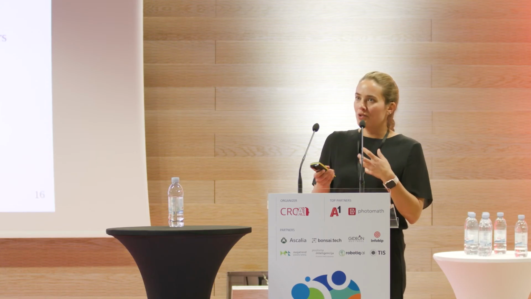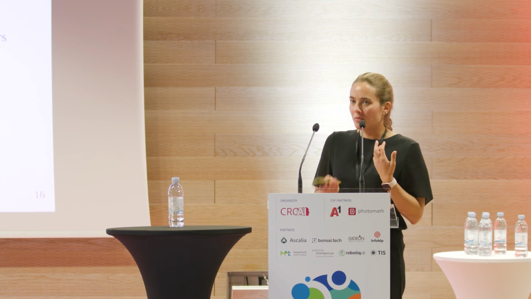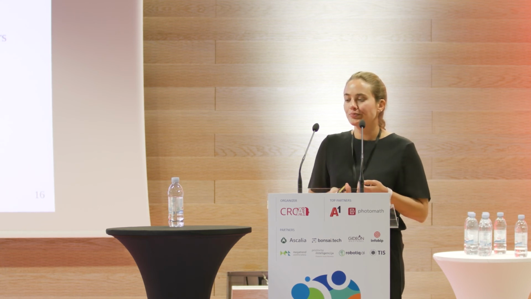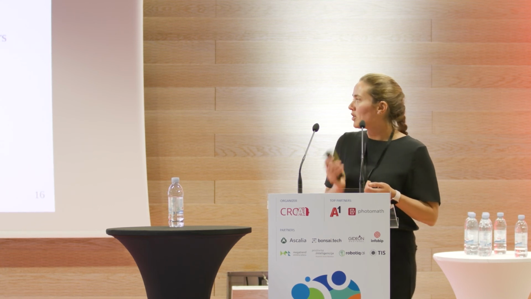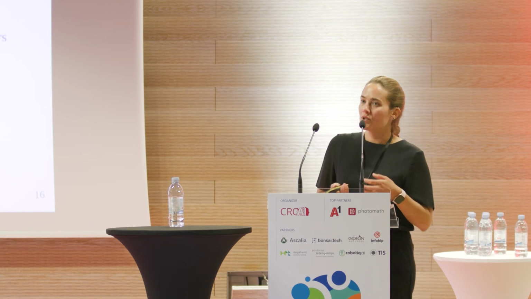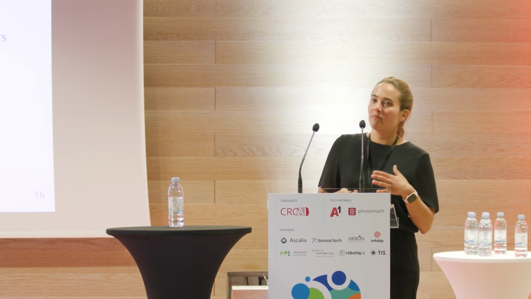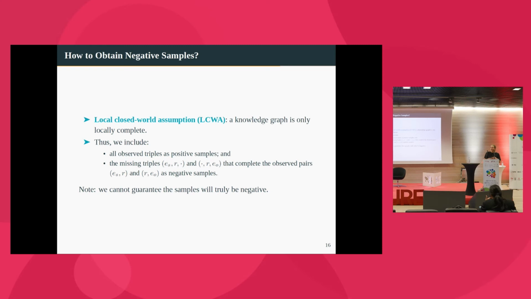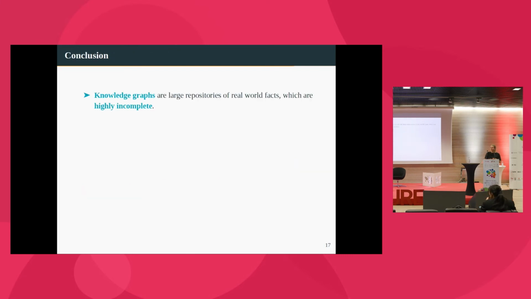For each positive sample, we sample a certain number of negative samples. You may notice that we cannot guarantee that our samples will truly be negative, so we might get some false negatives. But because only a small subset of all potential entries in a knowledge graph is true, in most cases, these are actually going to be true negatives.